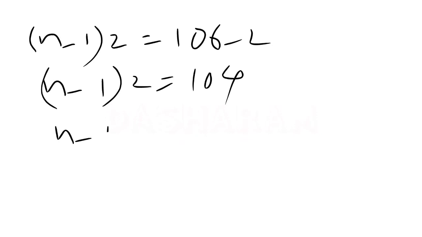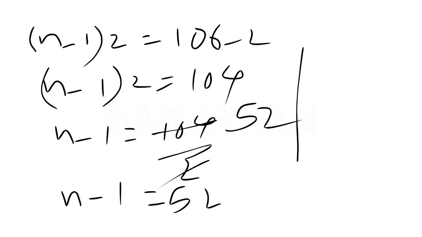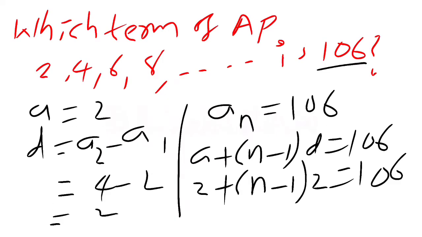So n minus 1 equals 104 divided by 2. 2 ones are 2, 52s are 104. So n minus 1 equals 52. Then n equals 52 plus 1, which is 53. That means 106 will come at the place of the 53rd term. So the 53rd term will be 106.